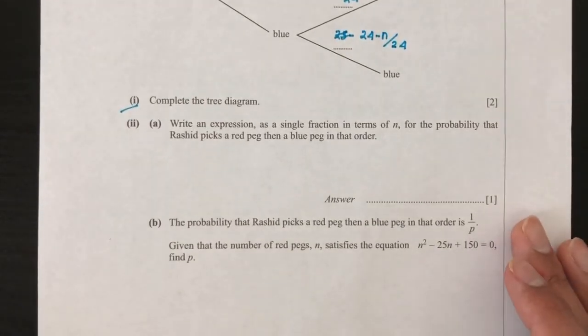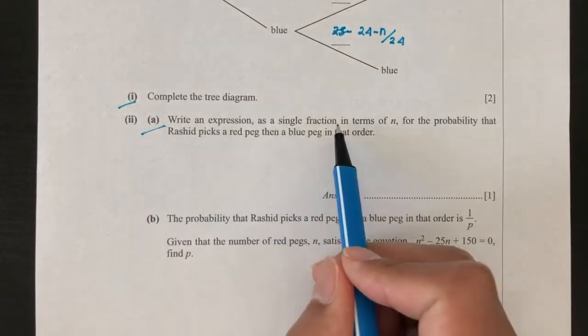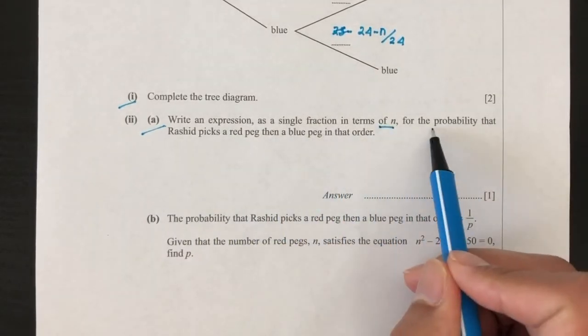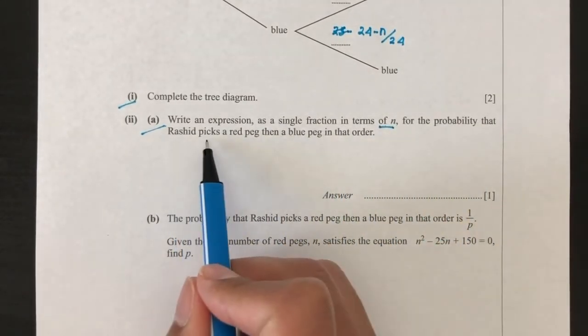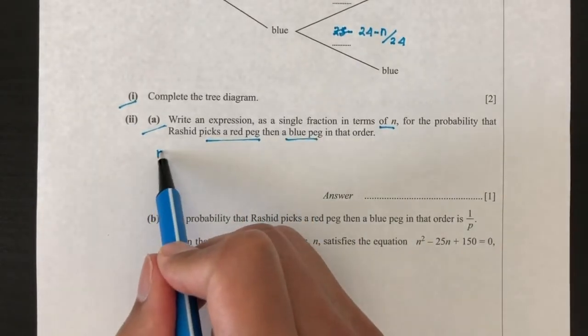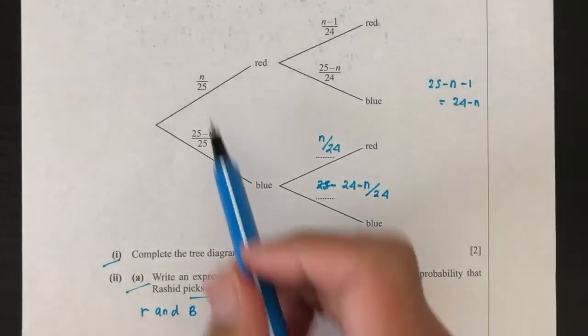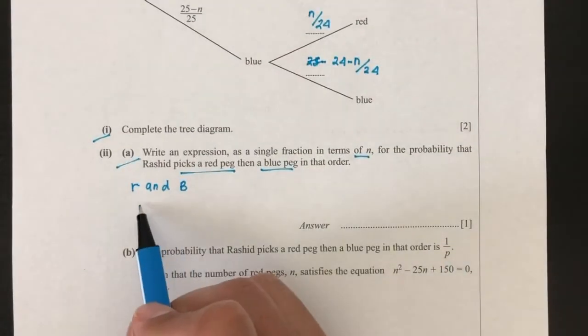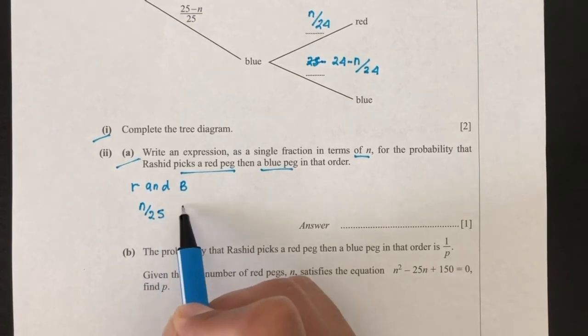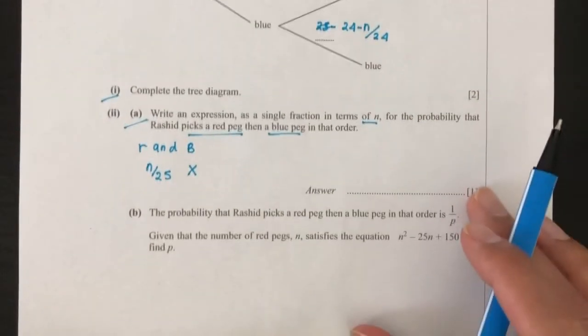Now part 2, we have to write an expression as a single fraction in terms of n for the chance that Rashid picks a red peg and then a blue peg in that order. So red and blue. Red will be n over 25, multiplied by blue, which is 25 minus n over 24.